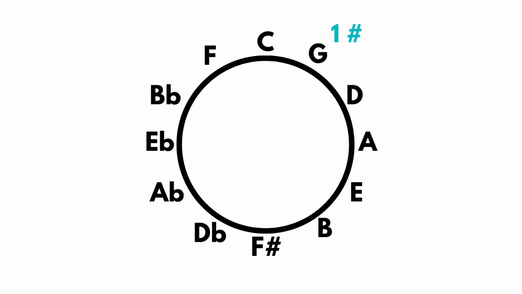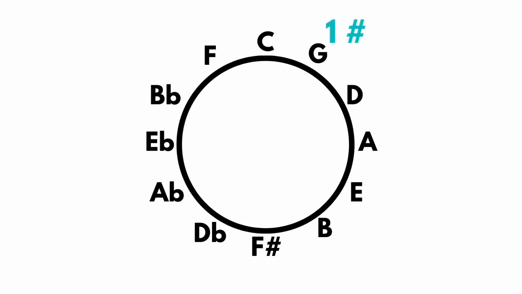So now we know that there's one sharp in the G major scale, but we don't remember exactly which note is sharp. So we can also use the circle of fifths to help us with that. We will begin counting the number of sharps starting with F in order to determine which notes are sharp within a given key.